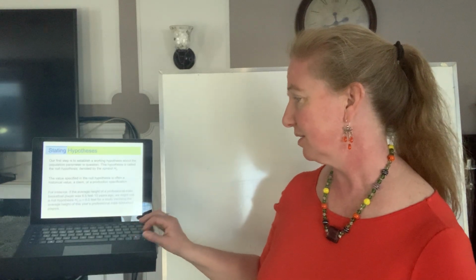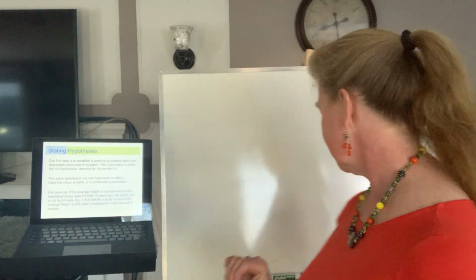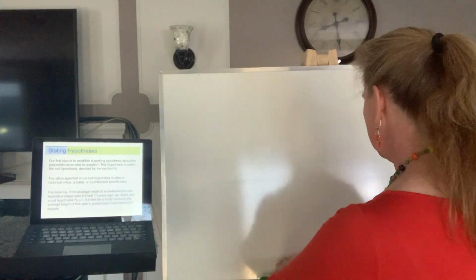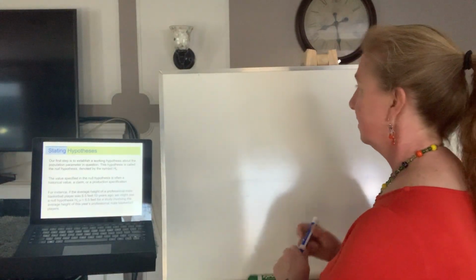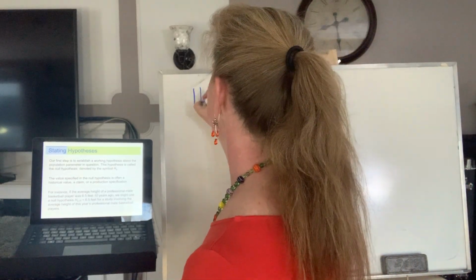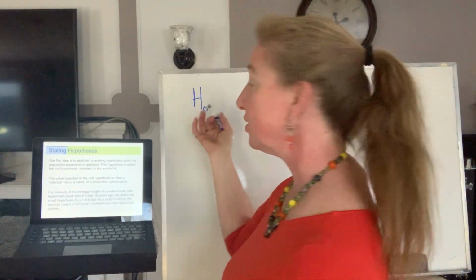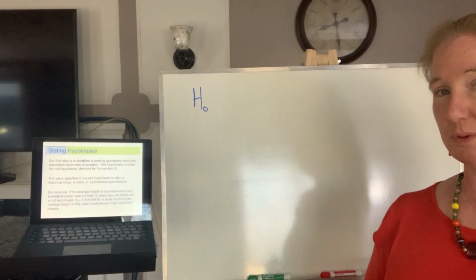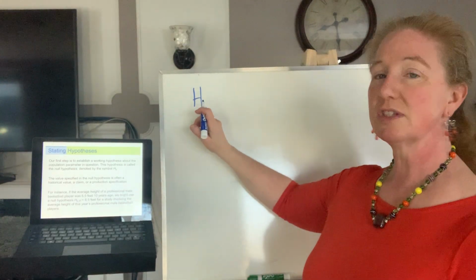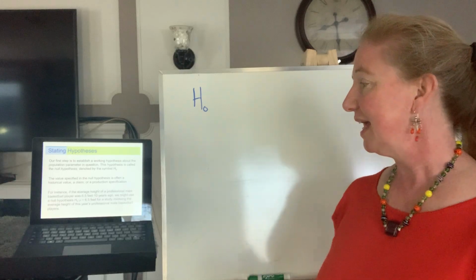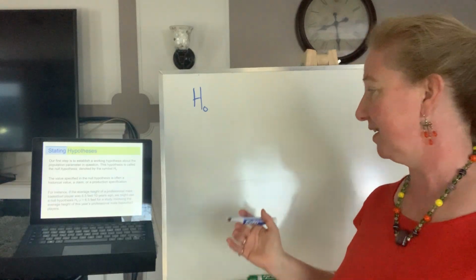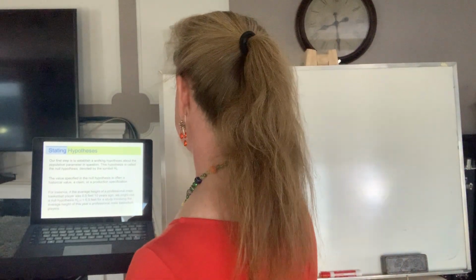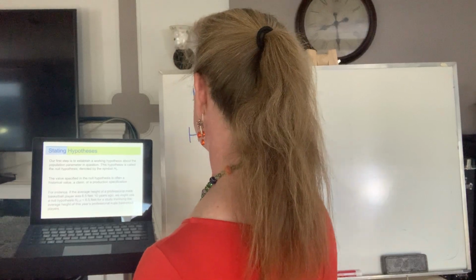When we state a hypothesis, we have a new symbol, H, okay? H for hypothesis, so not a super hard thing to remember. You see that little zero right there. We say H naught.